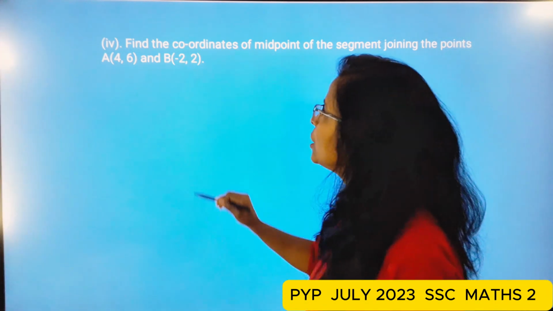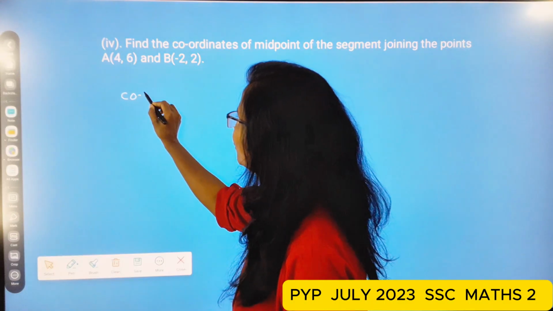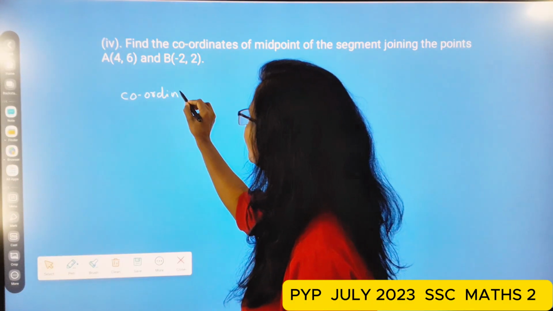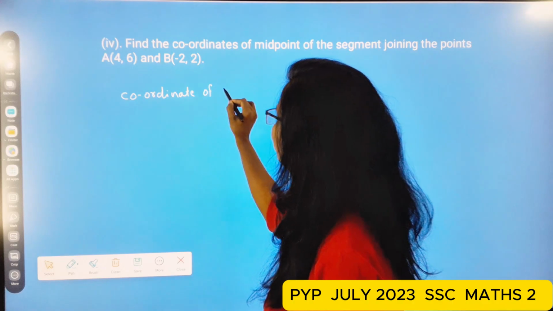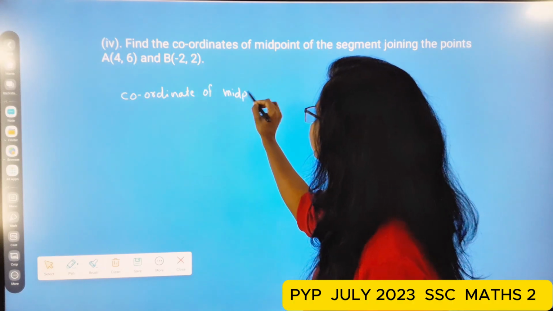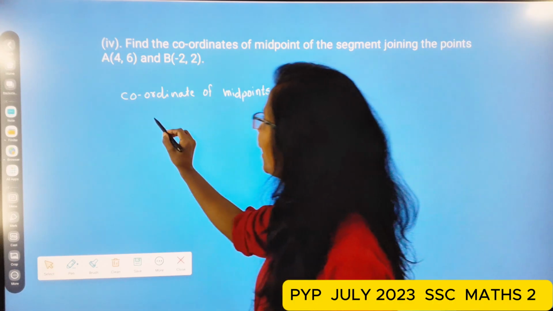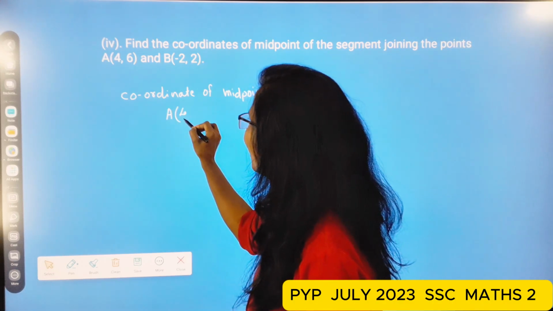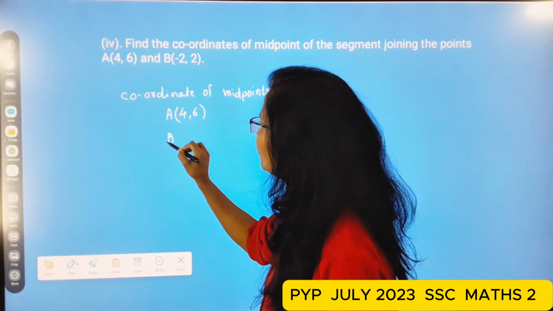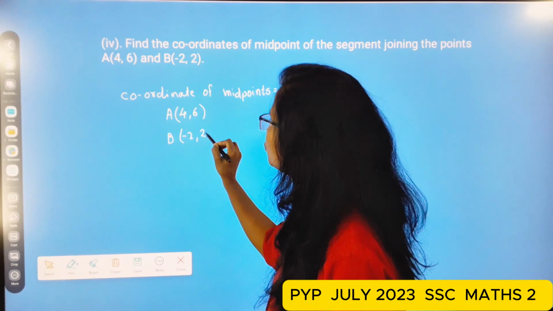Okay, so now I write here, the coordinates of the midpoint is equal to question mark. Here the first point is A (4, 6) and the second is B (-2, 2).